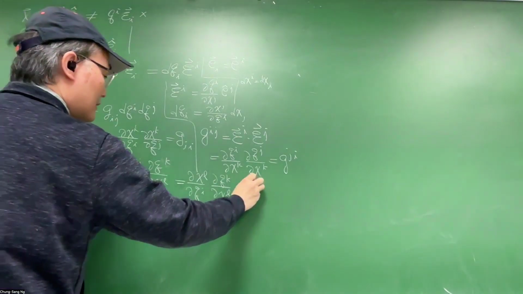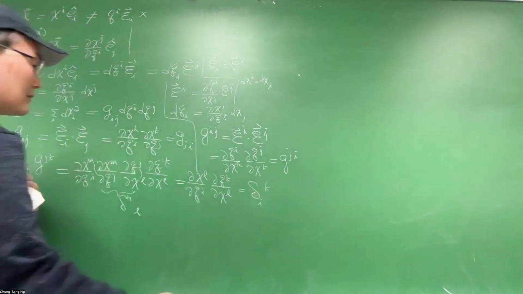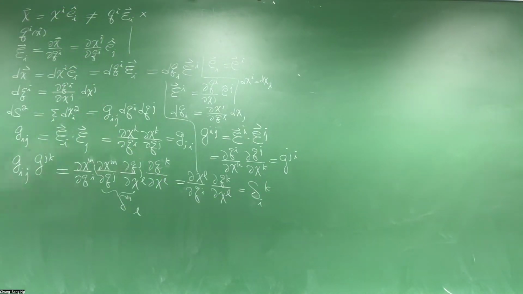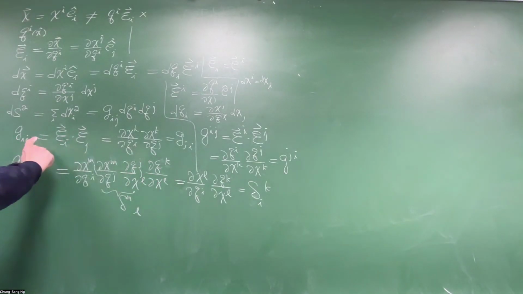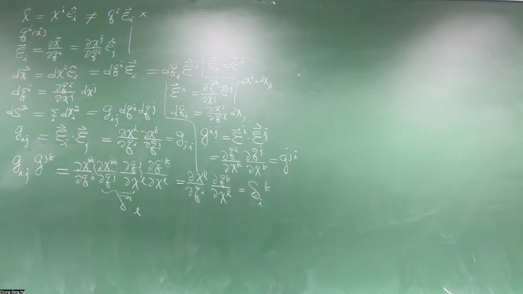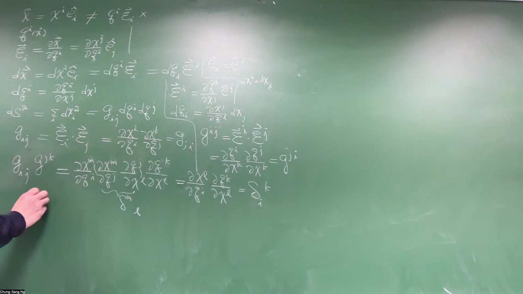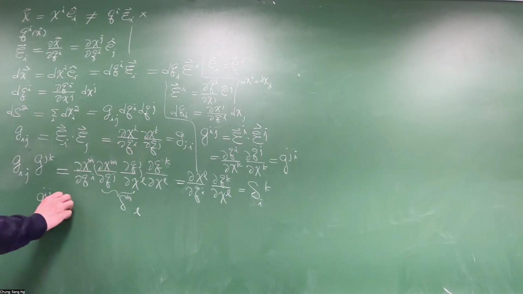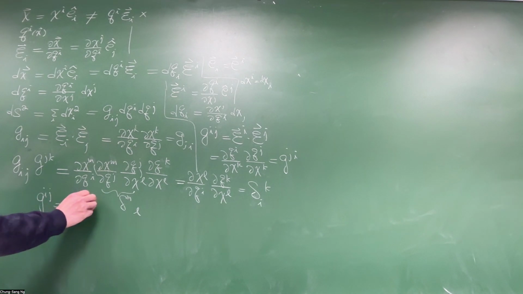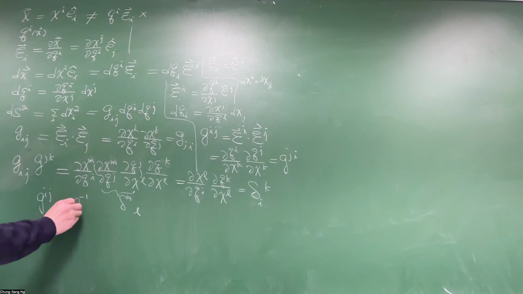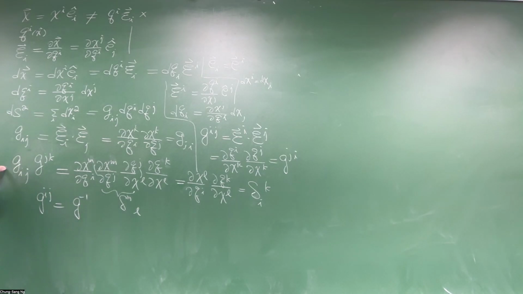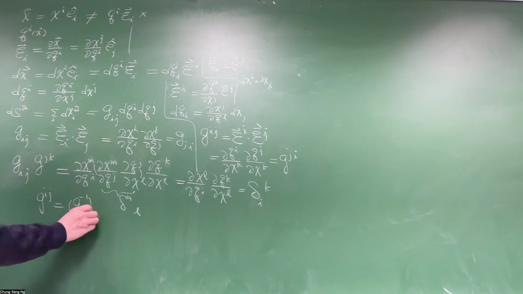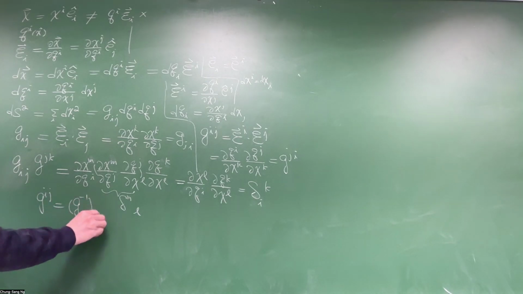And you see that this is the Kronecker delta. This shows that the two metric tensors, the covariant and contravariant, are inverses of each other. So you can say it's just the inverse of G. If you call the covariant one the G matrix, then Gij is the inverse of it.